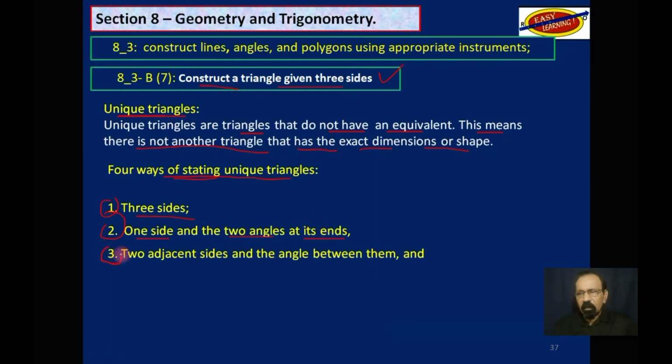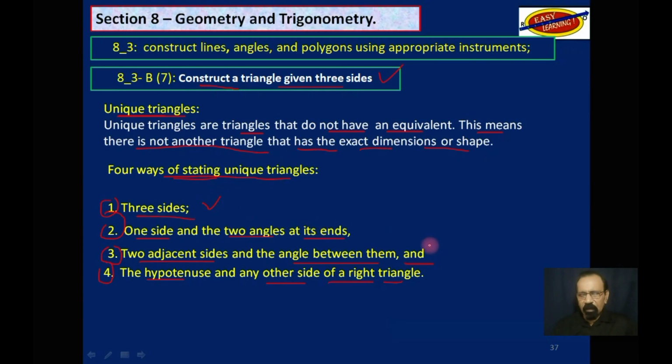And then 3, given 2 adjacent sides and the angle between them. That's the third way of stating unique triangles. And finally, 4, given the hypotenuse and any other side of a right triangle. So we will look at these 4 in sequence, beginning with 1 and so on.